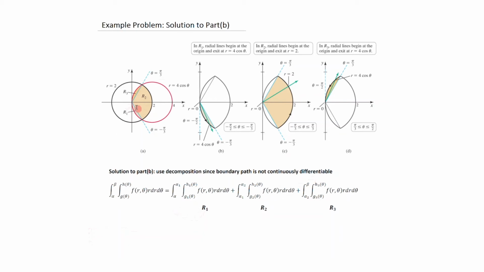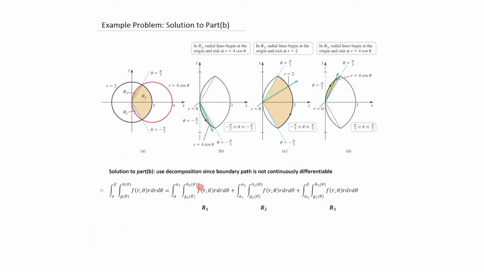Well, alpha would be, if you bring this line as it traverses down to here, then that would be a line pointing straight down, and so this angle would have to be minus pi over 2. So that's what you see here. Theta is minus pi over 2. This one's easy, minus pi over 3 to pi over 3. And then once you come down through to here, now theta has to be pi over 2. So we have now defined what the angles would be, here and here.